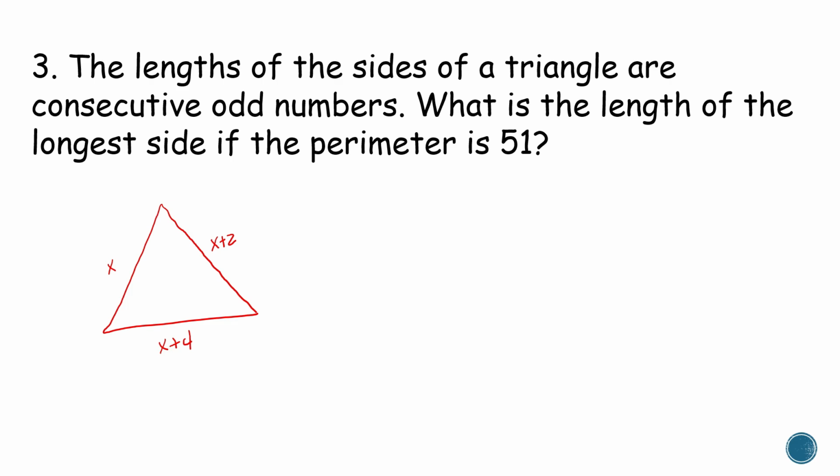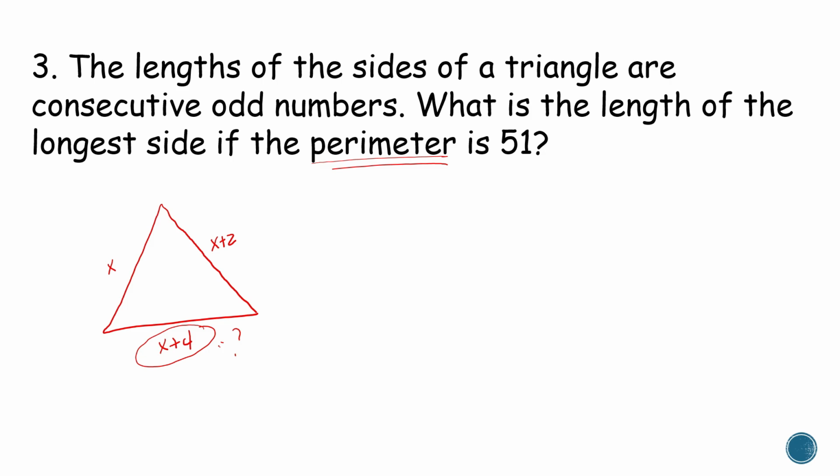Question. What is the length of the longest side of the triangle if the perimeter is 51? Now that word perimeter is very important. If you're not familiar with geometry, perimeter is the sum of the sides of any geometric figure.